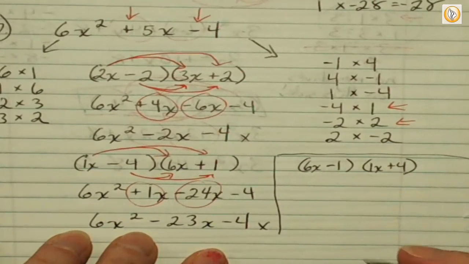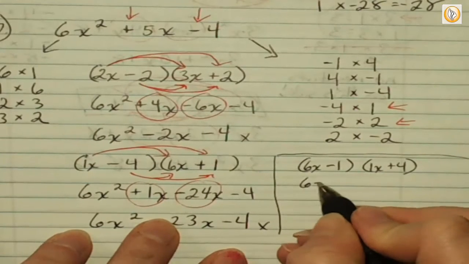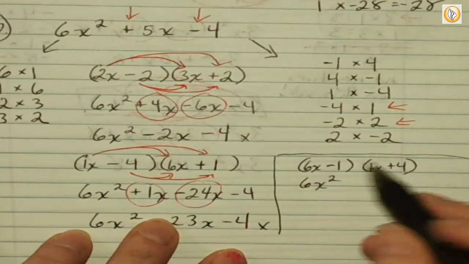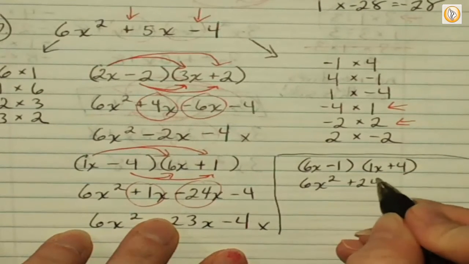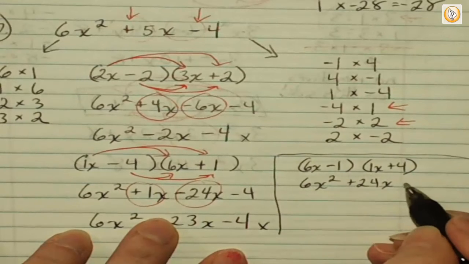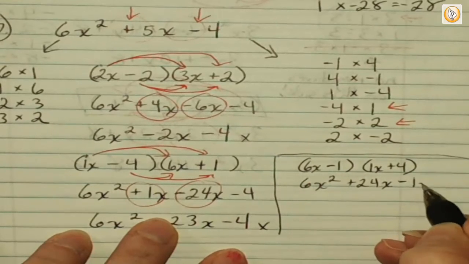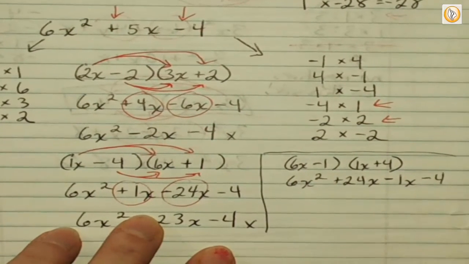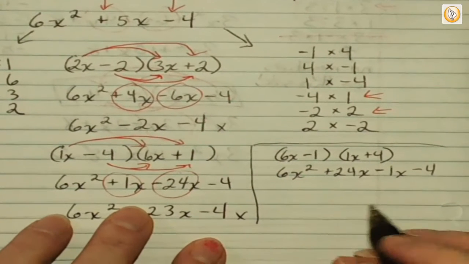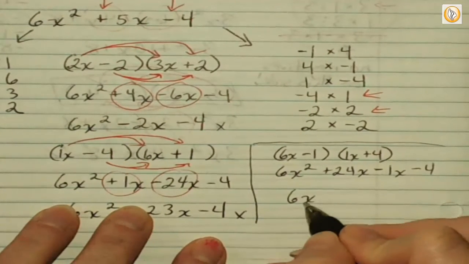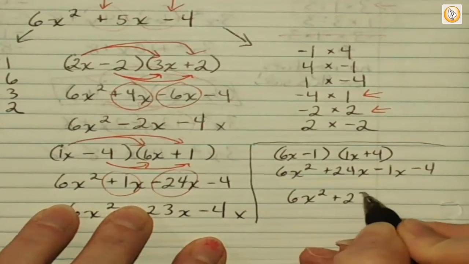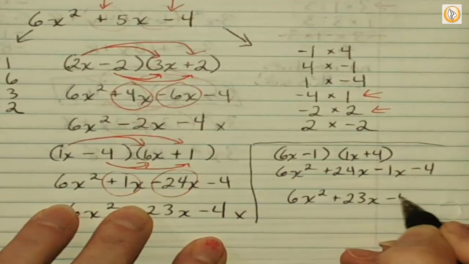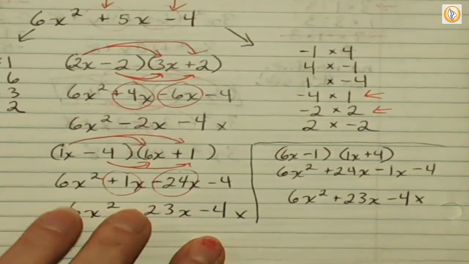Okay, let's figure it out. 6x, that'd be 6x squared plus 24x minus 1x minus 4. So if we combine like terms, we'd be getting 6x squared plus 23x minus 4. And that doesn't work either.